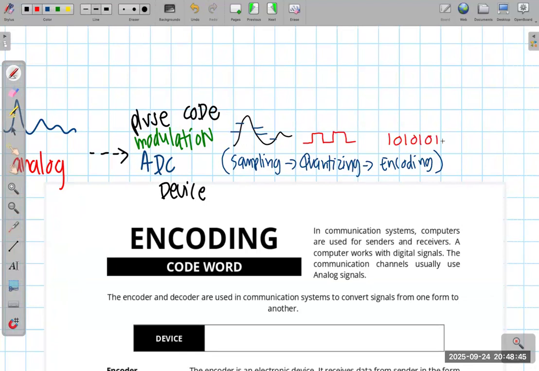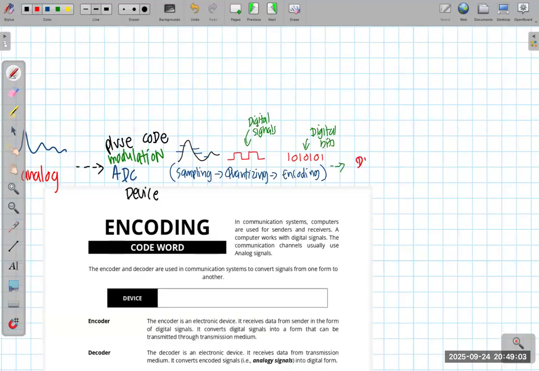And then we encode it. So this is the digital signal and these are the digital bits. These are the concepts we have studied, analog to digital. So this is the complete part.